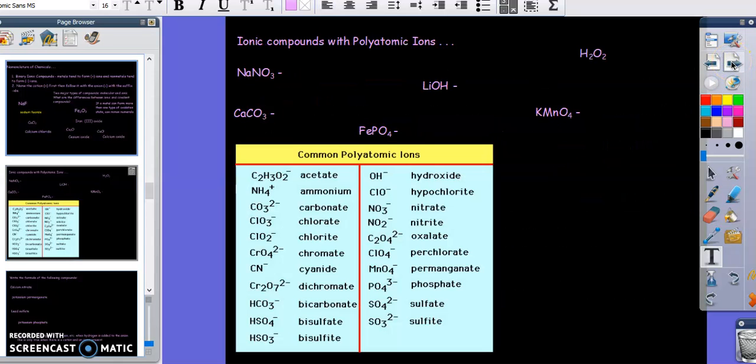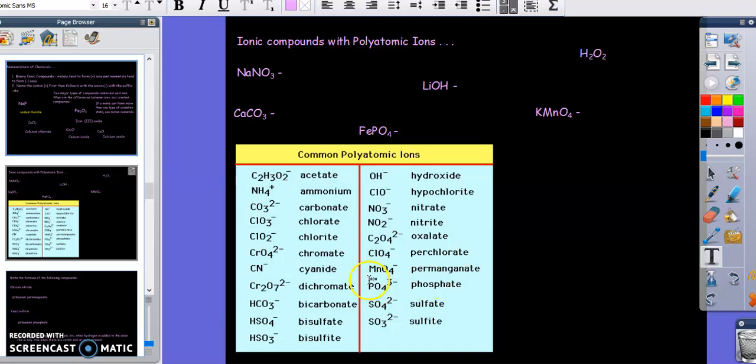All right, now this is the one with the ionic compounds and polyatomic ions. This is just a list of some common polyatomic ions. You see acetate in here, ammonium, nitrate, oxalate, perchlorate, permanganate, phosphate, and so on.